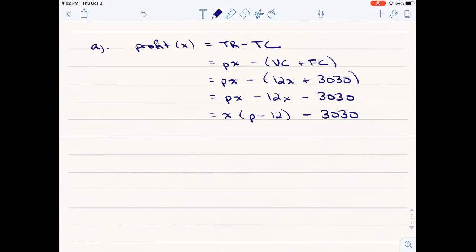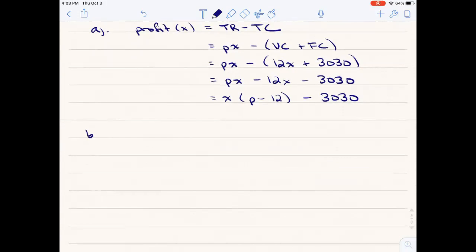That's a lot of work, right? But once we have the profit function, then it's pretty easy to find things like the break-even point, the shutdown point, how much profit will she make if she sells 14 units, that type of thing, right? And so that's part A.